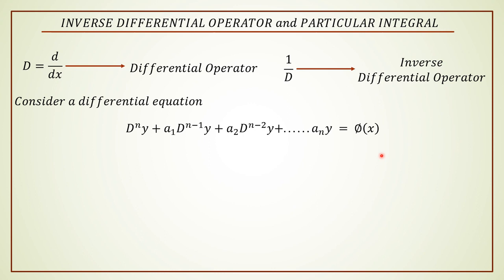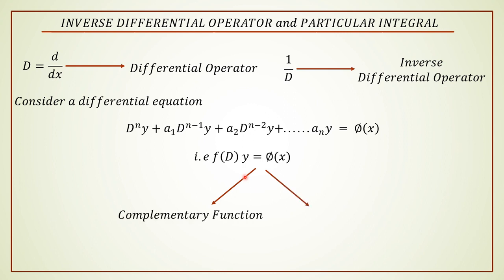Or I can also rewrite this differential equation as f of D y is equal to phi of x. Since it is a non-homogeneous differential equation, the right hand side is non-zero. Okay, so it has two solutions.